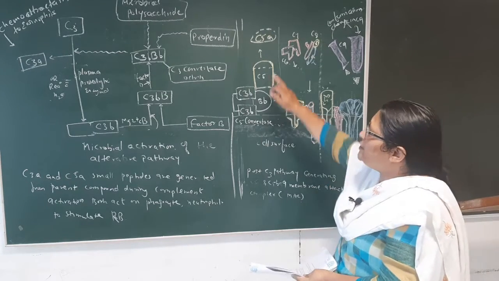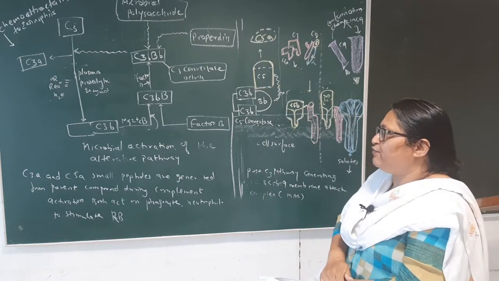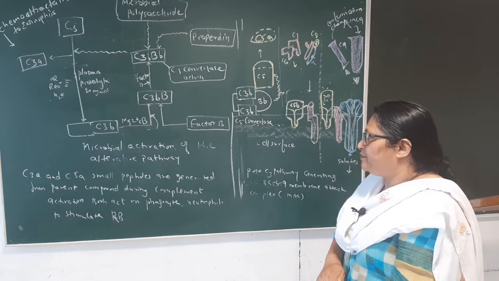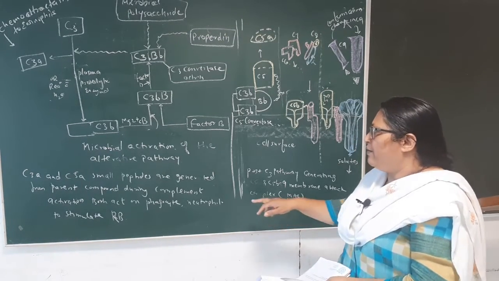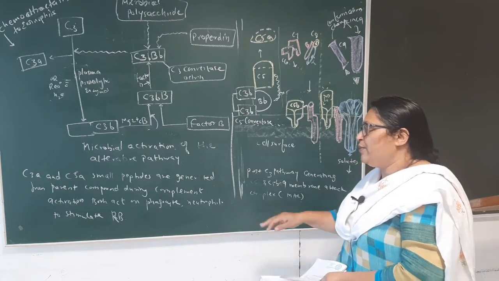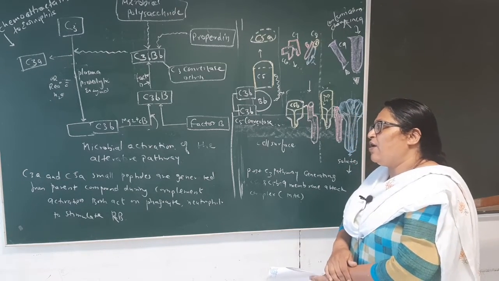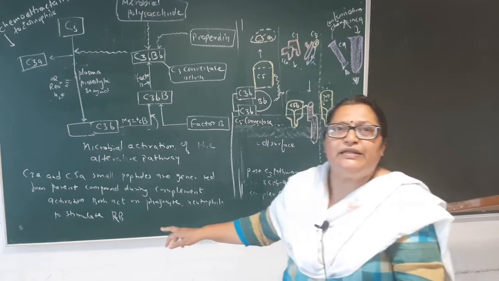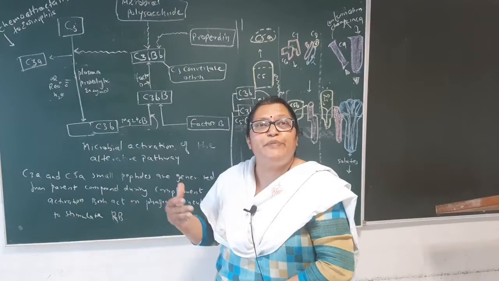So, what is the role of this C5a? See, this C5a activates the phagocyte, the neutrophil, and it stimulates the respiratory burst. What is respiratory burst?